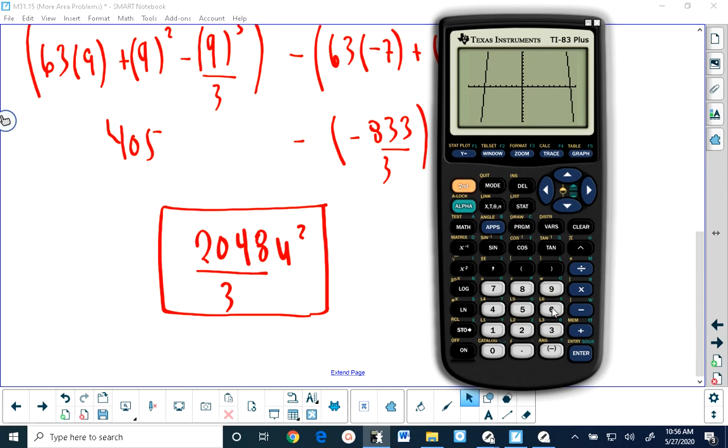This, by the way, is a nice confirmation right out of the gate that it has an x-intercept at -7 and 9. I calculate. Lower limit is -7, upper limit is 9. And we get 682.6 repeating, which was, in fact, what we got for an answer. So the answer is correct.